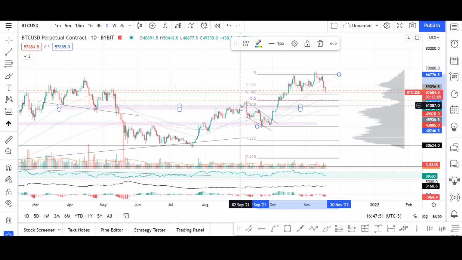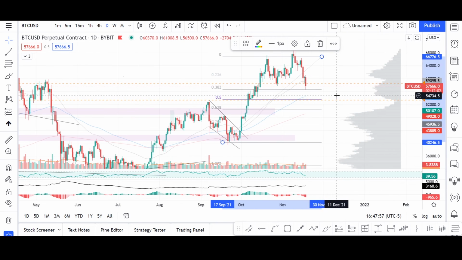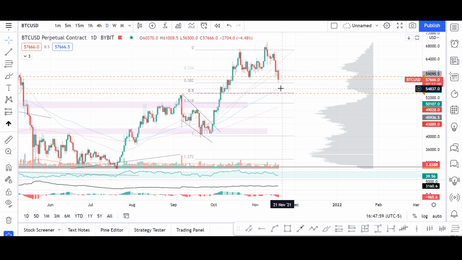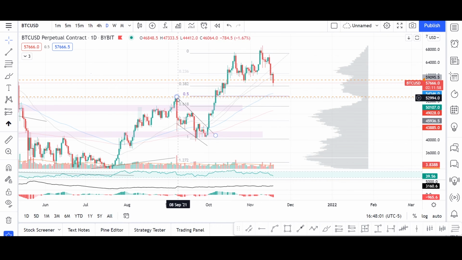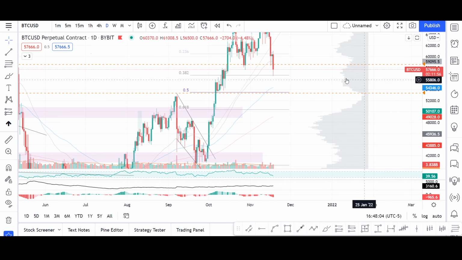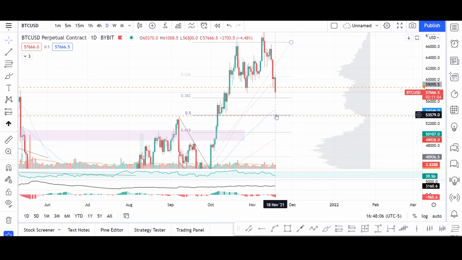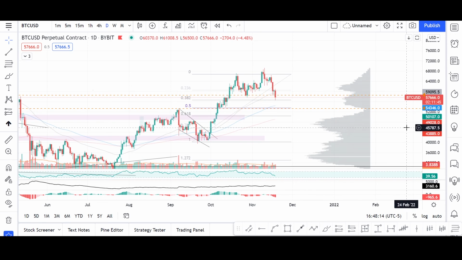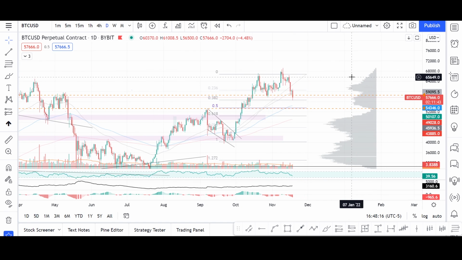However, the recent move to the upside has been a little bit stronger, so we might find a possible bottom not as low as 53, but I prognose it to be right above it, maybe at 54k. So it's something that is very probable to happen.